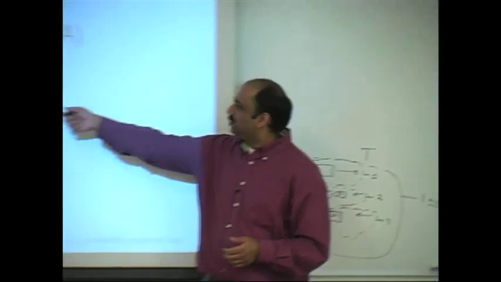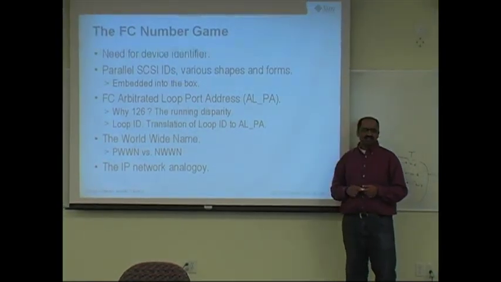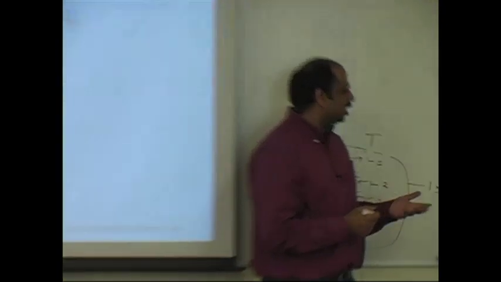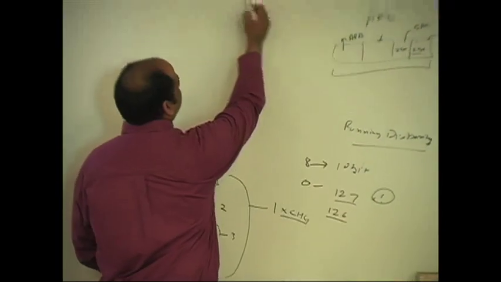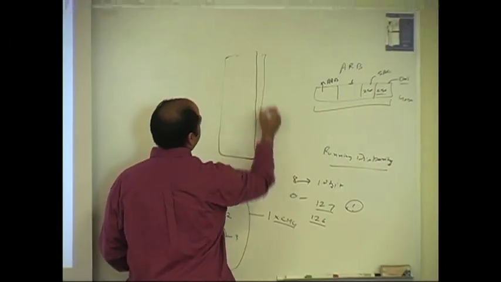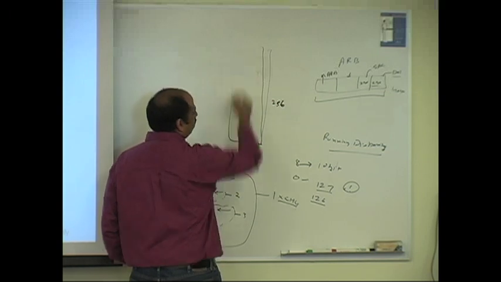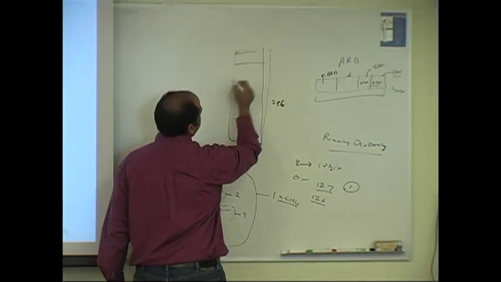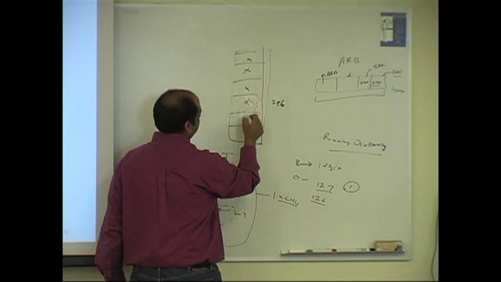So yeah, this is the table which Chris was talking about, translation of loop ID to alpha. A loop ID is really a linear number from 0 to 127. But as I said, if this is a table of all the 256 numbers, we could not use all the numbers. So they used some numbers, and they did not use some other numbers.